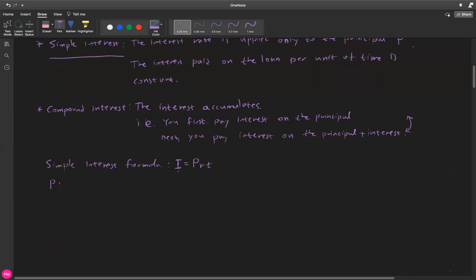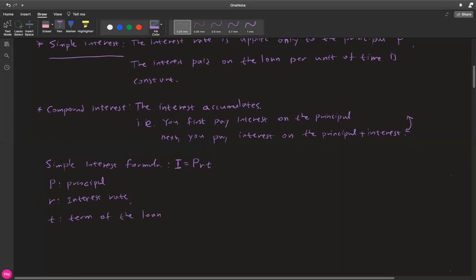If you want to find the interest I, if it's simple interest, all you're doing is multiplying the principal, the interest rate, and the term. You're multiplying the three.